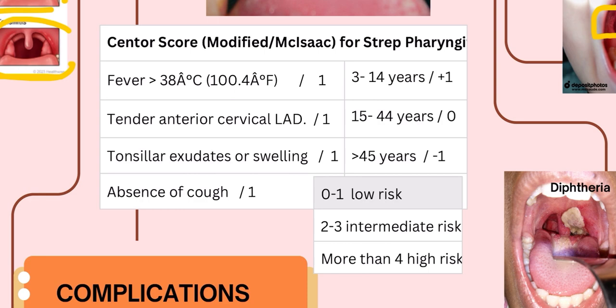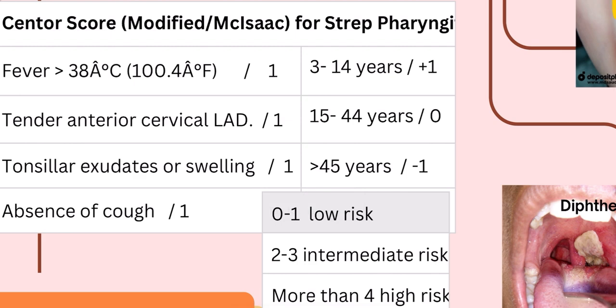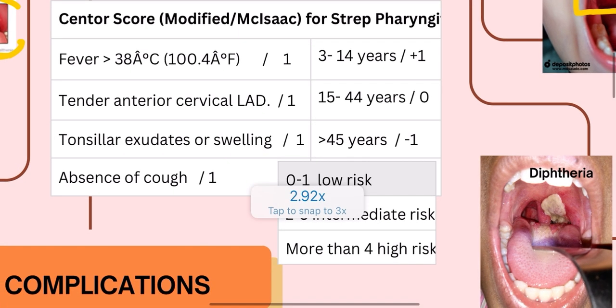In addition to those features, there is a point based on the age of the patient. If the patient's age is from 3 to 14 years, we give 1 point. If from 15 to 44 years, we give 0. If more than 45 years, we give -1. As interpretation, if the score is from 0 to 1, this is considered low risk for strep pharyngitis.